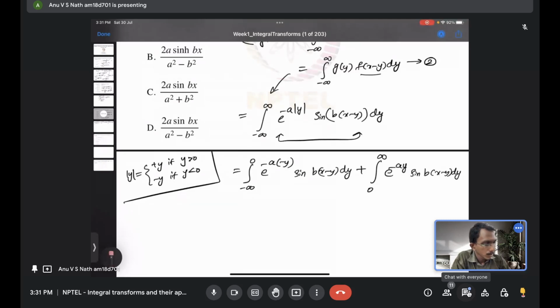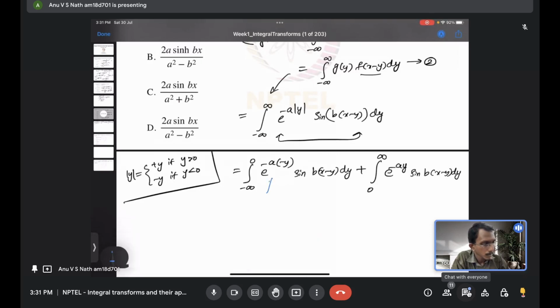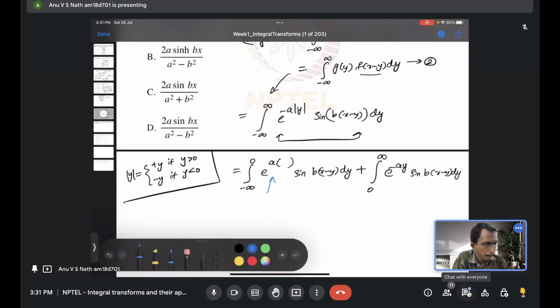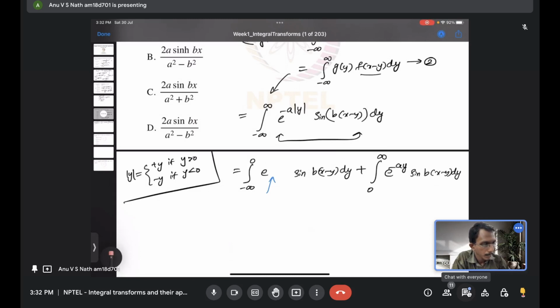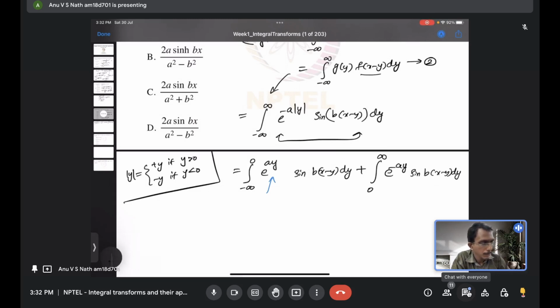Now you can multiply minus a with the minus y, which becomes plus ay, right? So I am writing here plus ay.